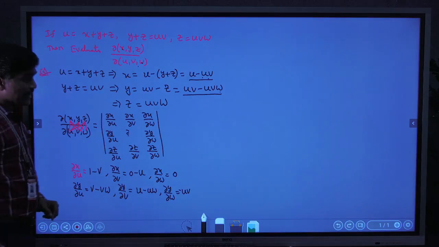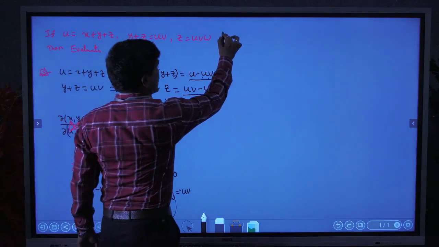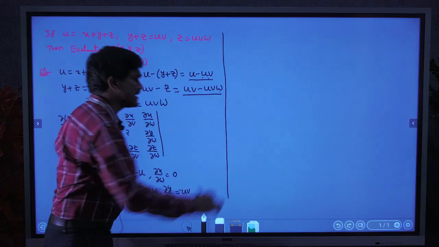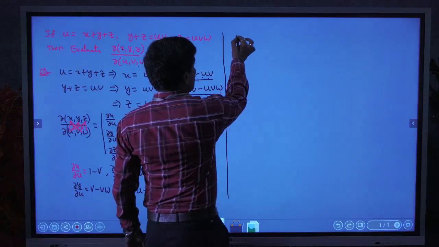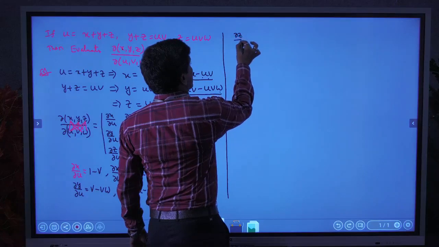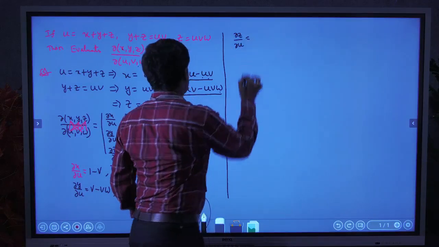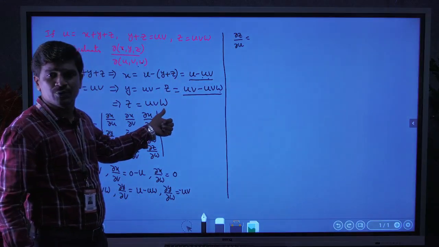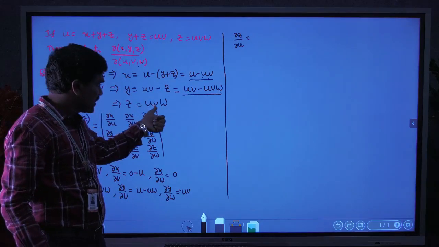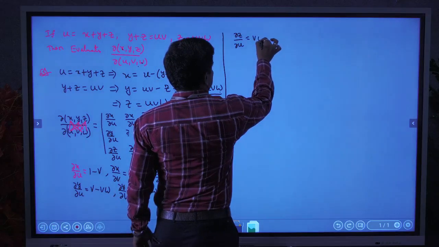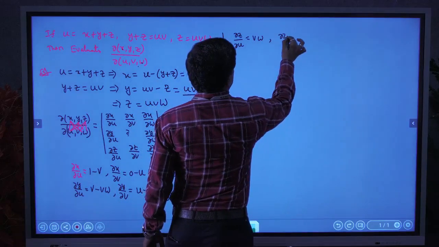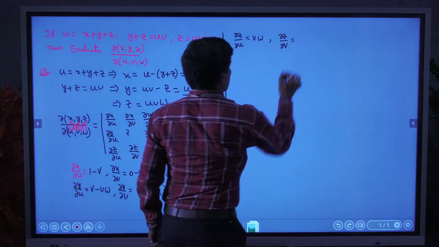So this is y. Now take z. What is z? Here z is uvw. Now ∂z/∂u. uvw with respect to u, then what is constant? vw is constant, and the u derivative is 1. Next, ∂z/∂v with respect to v.